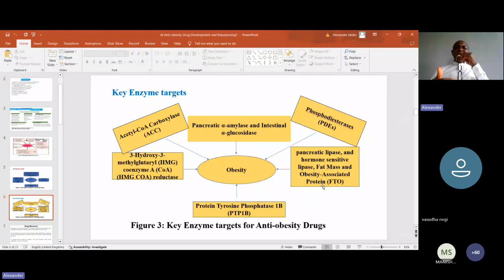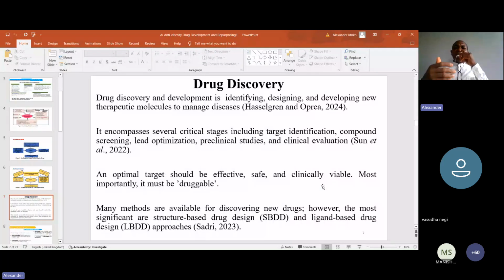Now, talking about drug discovery and development, it is simply identifying, designing, and developing new therapeutics that are drug-like to manage diseases. It cuts across several critical stages, including target identification, compound screening, lead optimization, preclinical studies, and clinical evaluation.